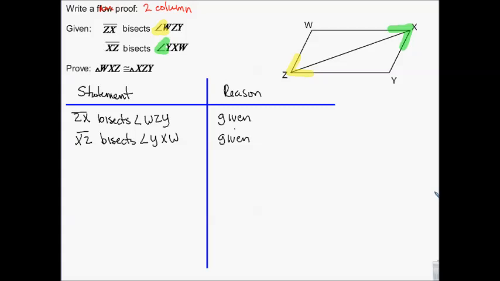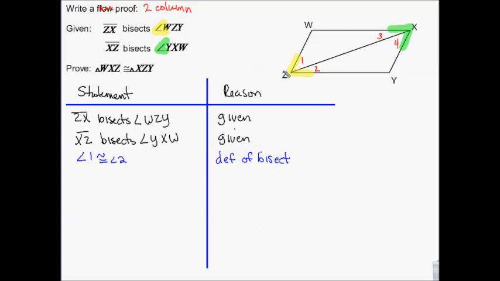Now bisecting means it cuts in half. So if I come in here and I label these angle 1 and 2 and 3 and 4, that way I don't have to name them with letters. I can just call them 1, 2, 3, and 4. Because this yellow angle is bisected, angle 1 is congruent to angle 2, because that's what bisect means.